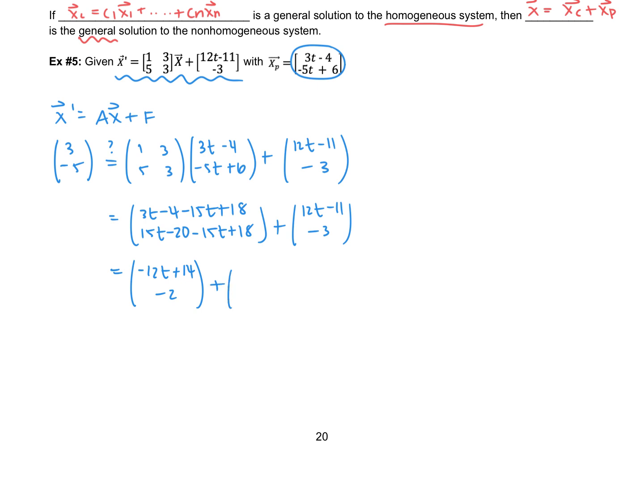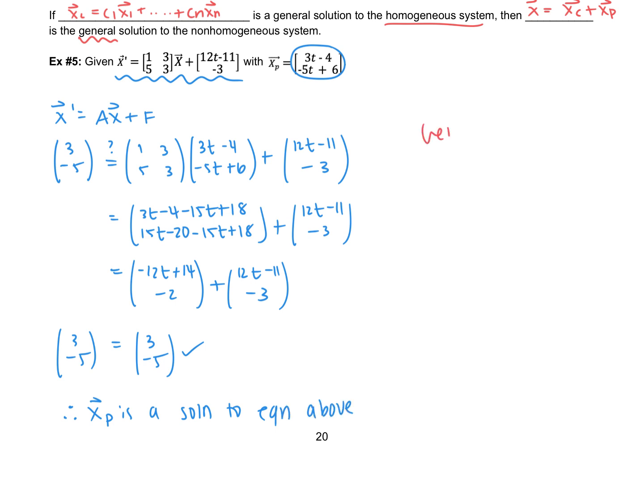And I'm going to add that to the (12t - 11, -3). So ultimately, I get (3, -5), which is in fact equal to (3, -5). So what we've proven, or verified, is that xp is a solution to the equation above.